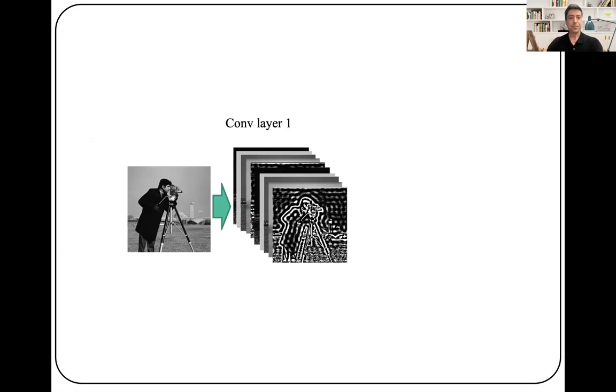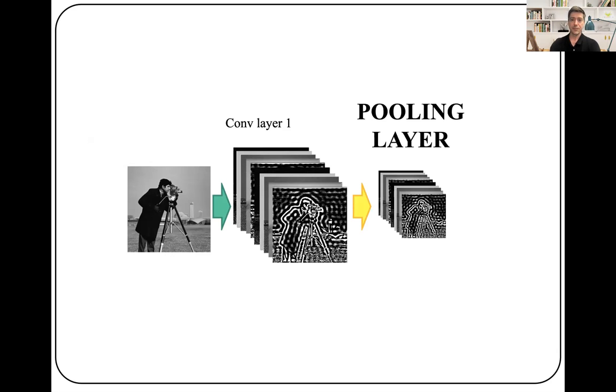Of course, we're going to do this not only at the first layer, but at different layers. And what's going to happen is that we're going to transform the input gradually in the network until we get to the output. But the one problem is that, imagine that we want to do classification.